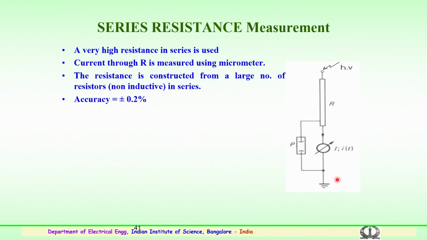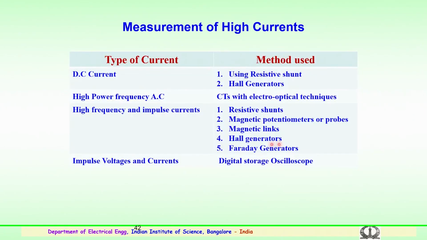This resistance is generally constructed with a number of resistors in series, and it is advisable to go for non-inductive type resistors, so that the inductive effect is reduced. The accuracy of results obtained using the series resistance method could be plus or minus 0.2%, much better in comparison to the spark gap assembly, where it was plus or minus 3%.